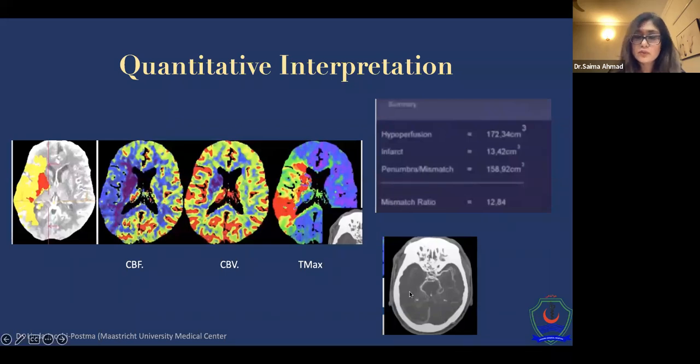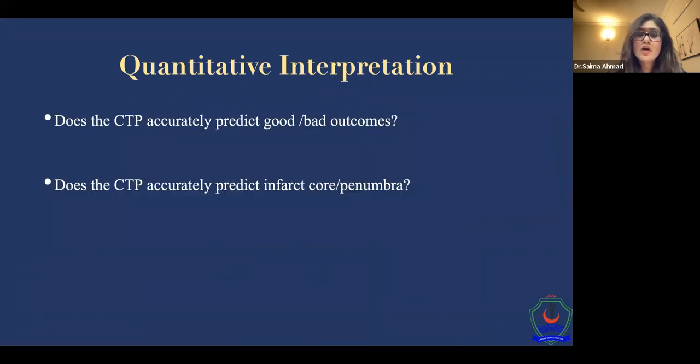There is a right-sided ICA occlusion, which you can see on the CTA. After the quantitative interpretation, we have two questions in our mind. Does the CTP accurately predict the good and bad outcomes? Does the CTP accurately predict the infarct core and penumbra?